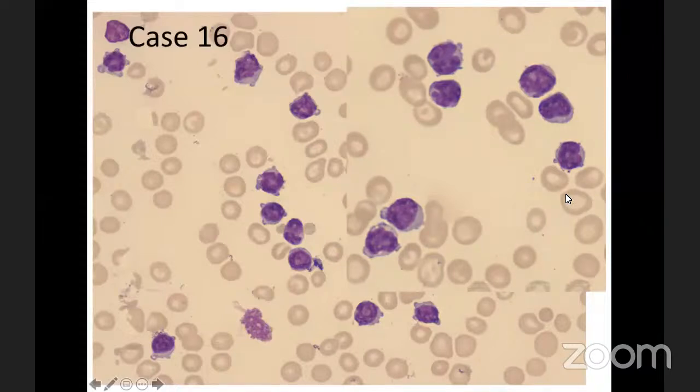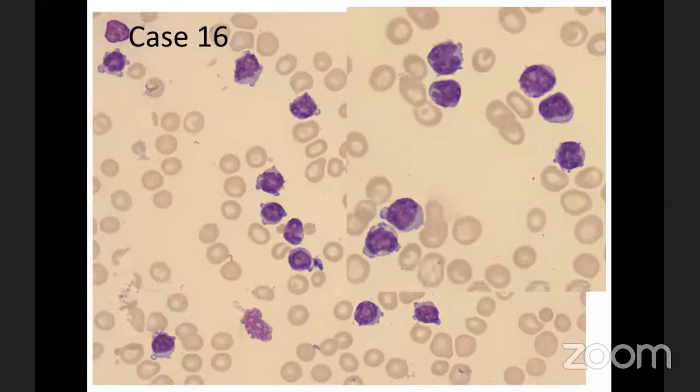Adult T-cell leukemia, no. CLL, no. Hairy, no. Sezary, no. M6, no. So yes, this patient has the morphology of T prolymphocytic leukemia.